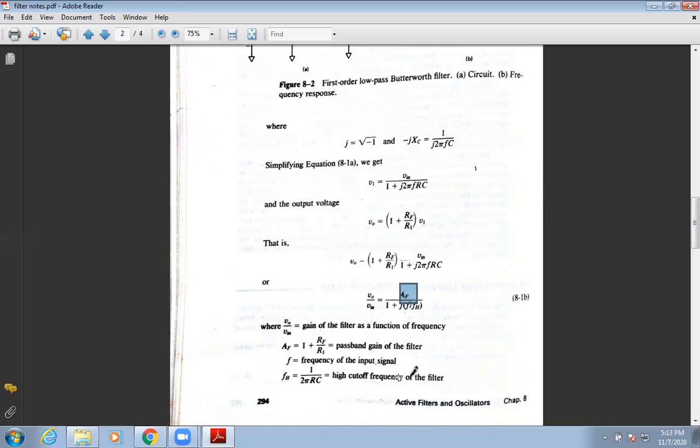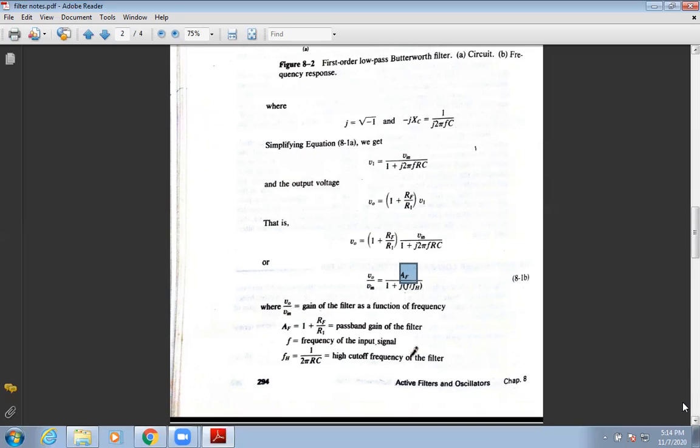This is the high cutoff frequency of the filter. Put this value, we obtain j f upon fH. So we can say V naught upon V in, which is the gain of the filter as a function of frequency, is equal to AF divided by 1 plus j f divided by fH. fH is nothing but the high cutoff frequency of the filter.